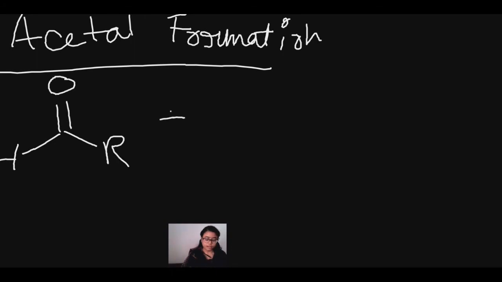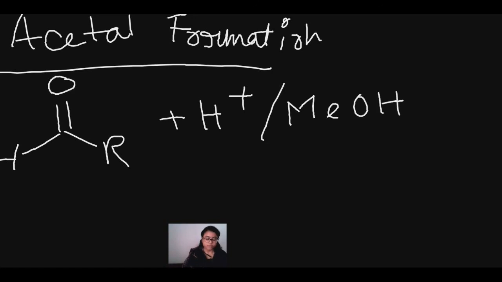We will add alcohol here. Alcohol I am taking MeOH, methanol. As alcohol is there, alcohol can donate some H plus. And as H plus is present, this will be the normal tendency for a carbonyl group.